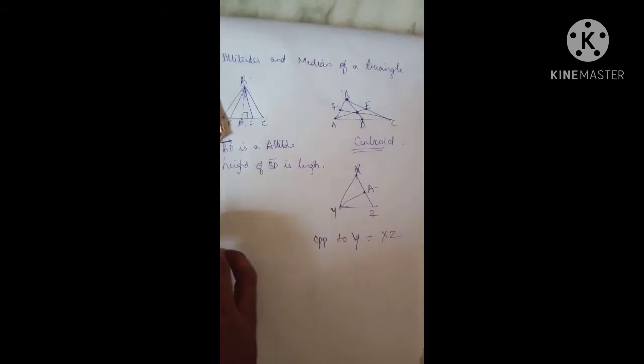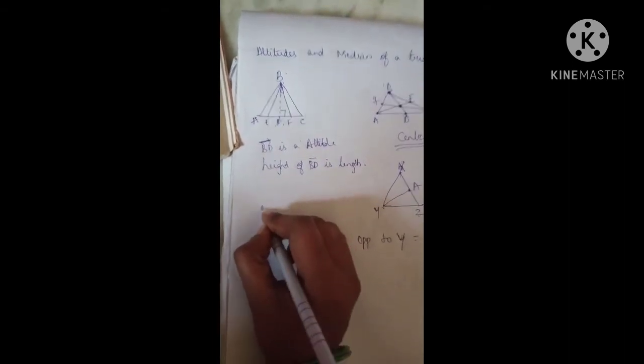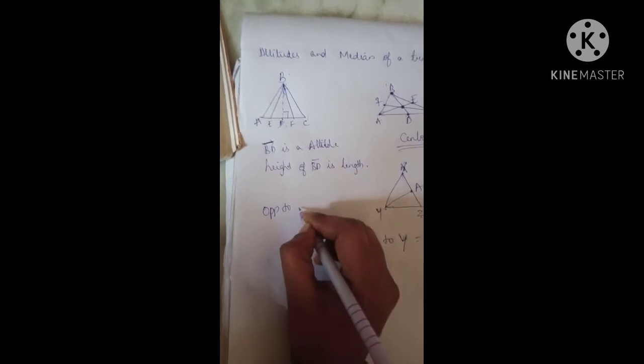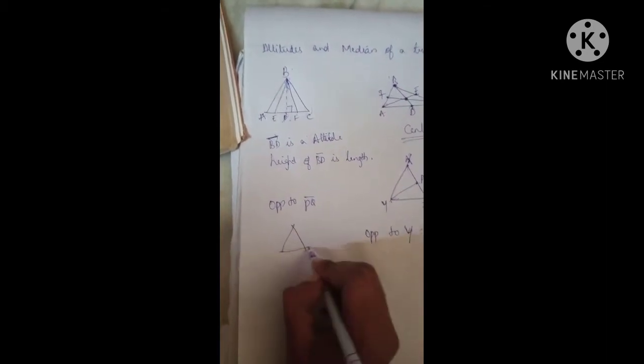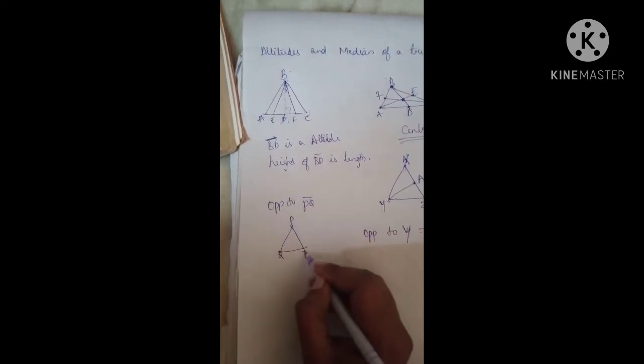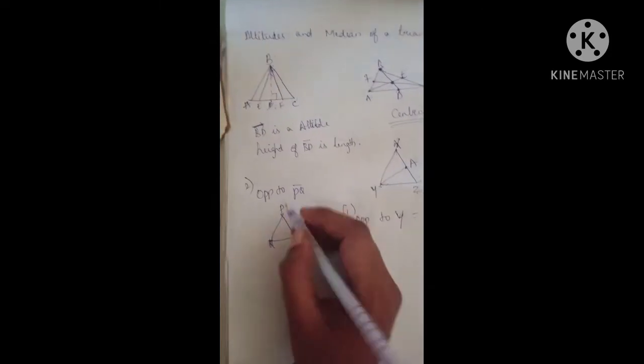Clear? Next question: write the angle opposite to side PQ in triangle PQR. This is your PQR. This is your second question and this is your first question.